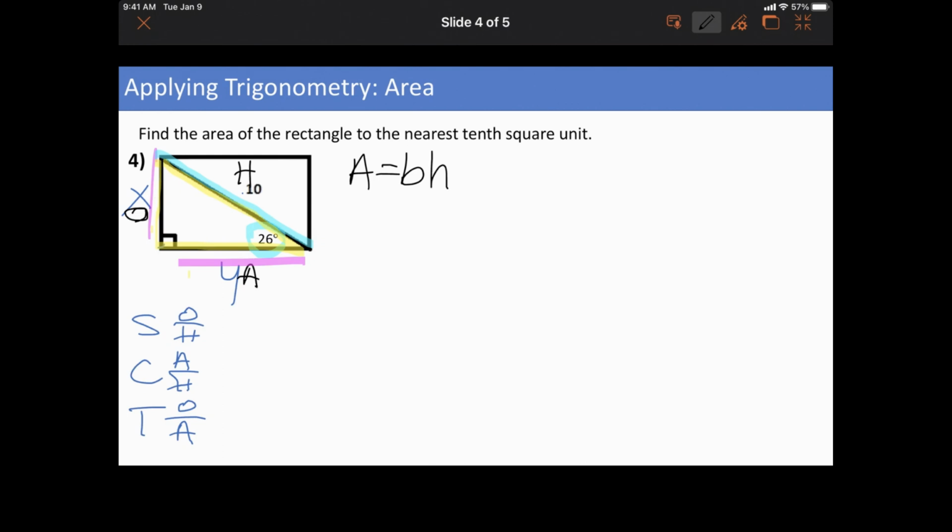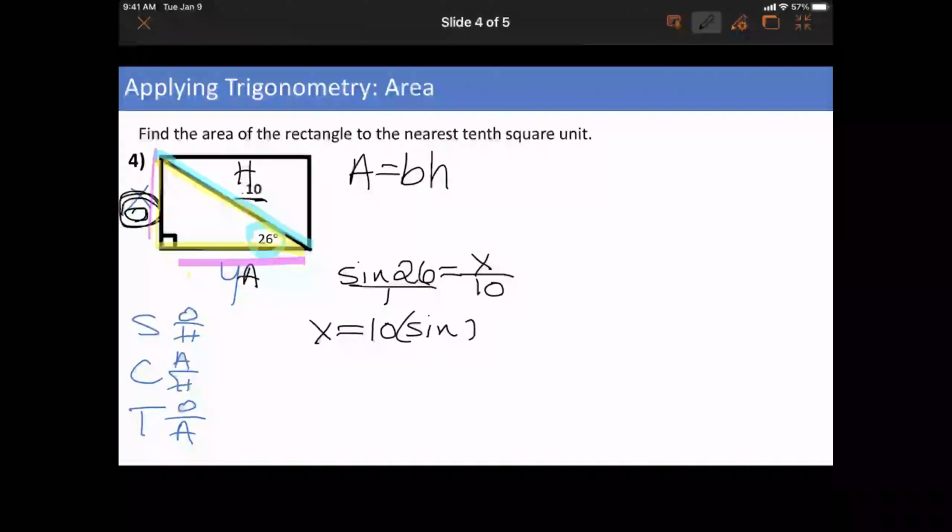So I'm just going to do the opposite first with the hypotenuse. So that's sine. So sine of 26 equals x over 10. That's going to be x equals 10 times sine 26.